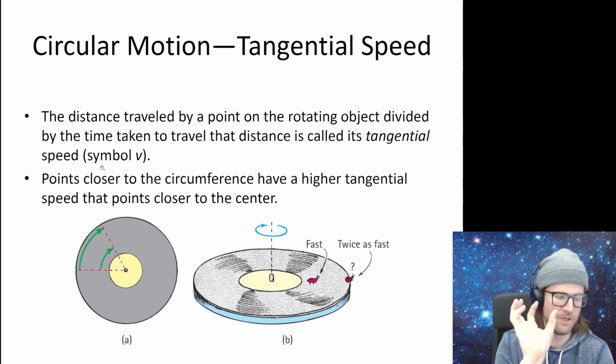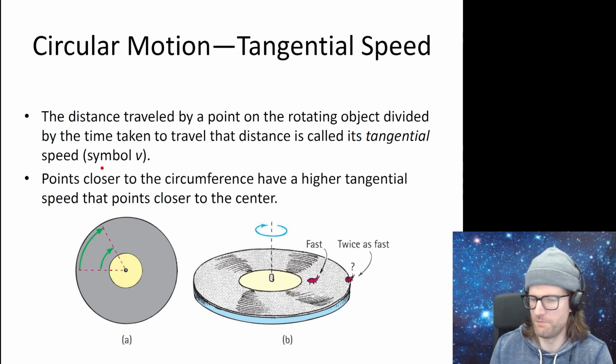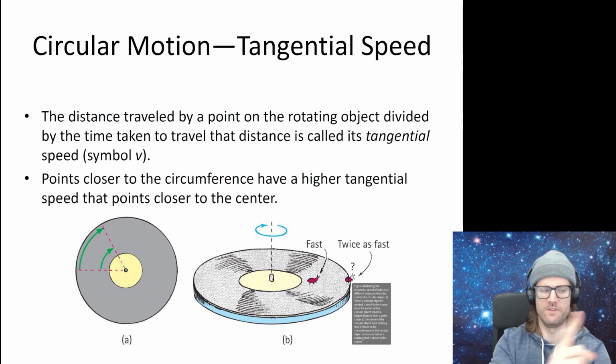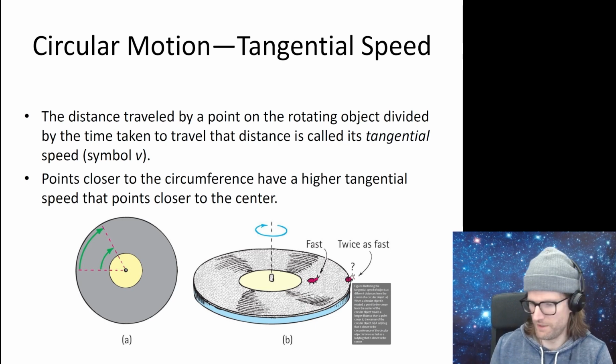Your rotational speed is how quickly you're rotating in RPMs. Points closer to the circumference, towards the outside, have a higher tangential speed than points closer to the center. So this bug will be moving at a certain speed, and this bug will be moving twice as fast if this record is rotating.